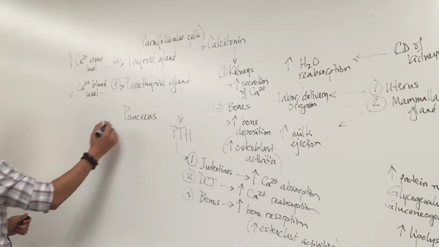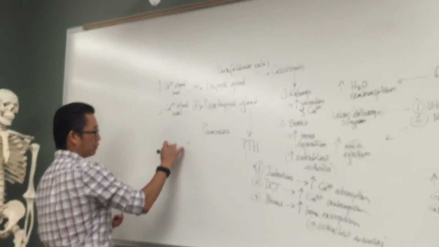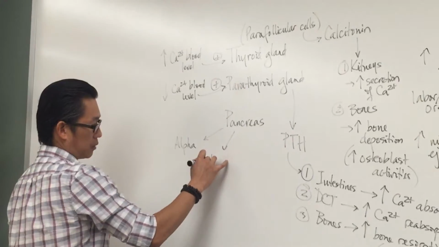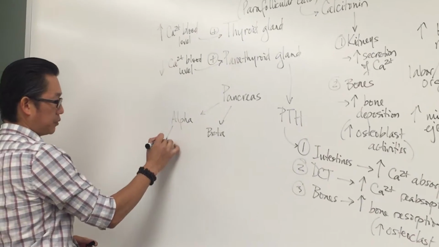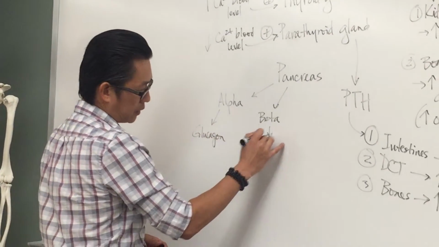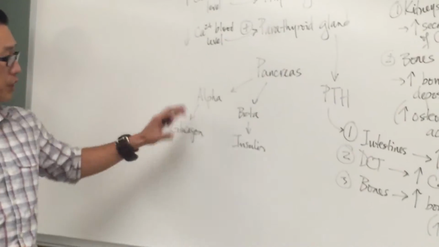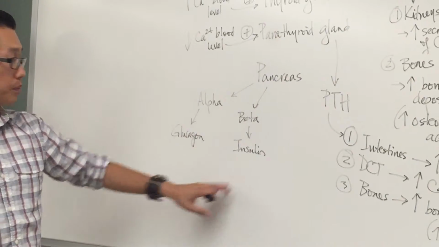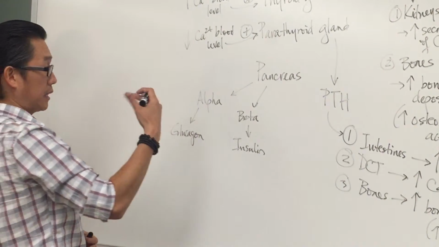Okay. Now the pancreas has two different types of cells. One's called the alpha cell, the other one's called the beta cell. Alpha cell releases glucagon, beta cell releases insulin. Now what triggers these cells to release their hormones is differential levels of glucose inside the blood.